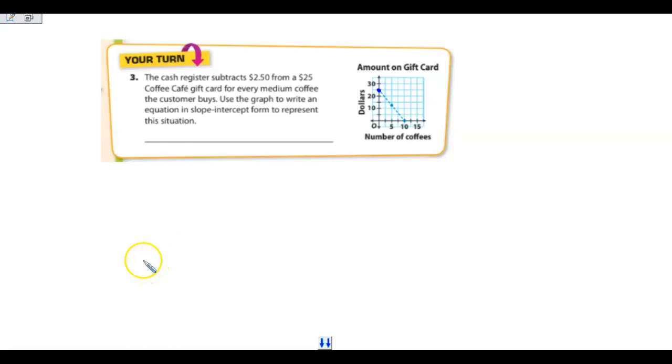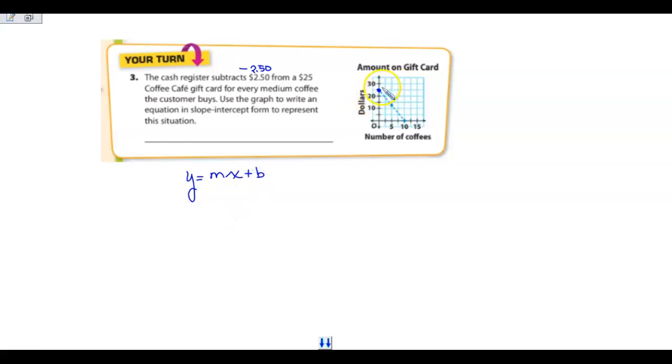And then every time they purchase a coffee, it's going to take $2.50 off of the card. Okay, so that means that it's going to subtract $2.50 each time. So when I'm looking at this, I want to put it in the slope-intercept form.